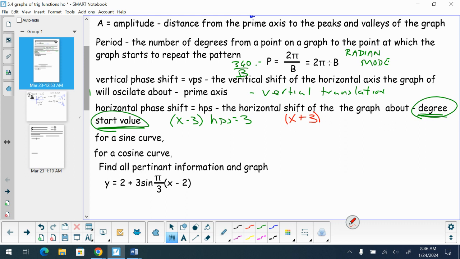How do we convert this into a subtraction? We can write this as x minus a negative 3. Minus a negative turns back into a positive. Our horizontal phase shift is a value of negative 3.